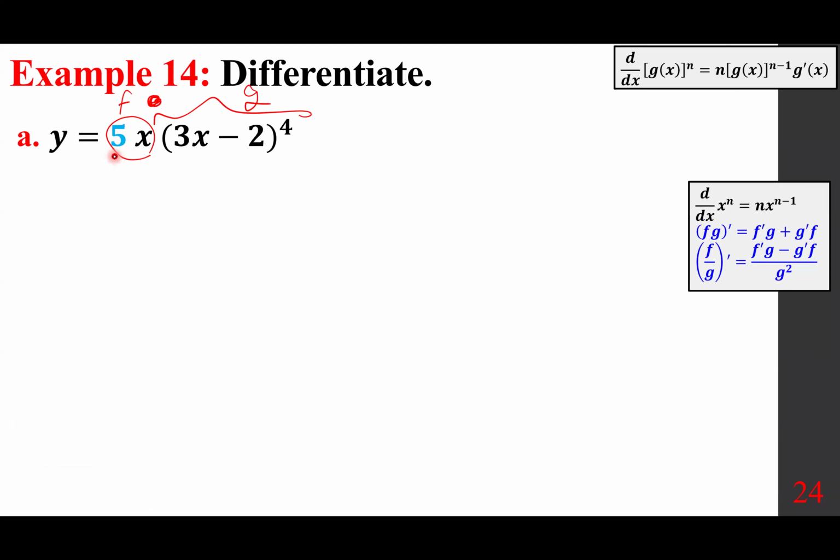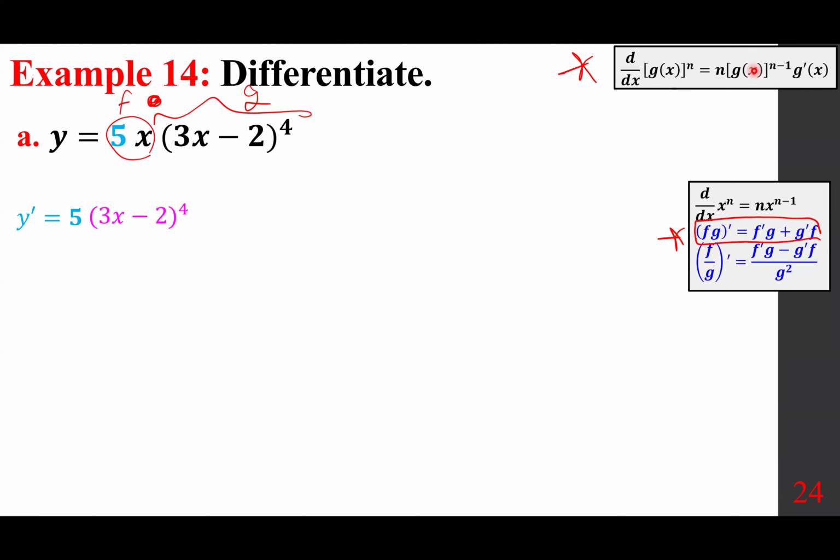So now f prime g, and I'm going to go with the product rule first, and then I need the extended power rule or the chain. This one gives me 5. F prime is 5 times g, (3x minus 2) to the power 4, plus g prime.